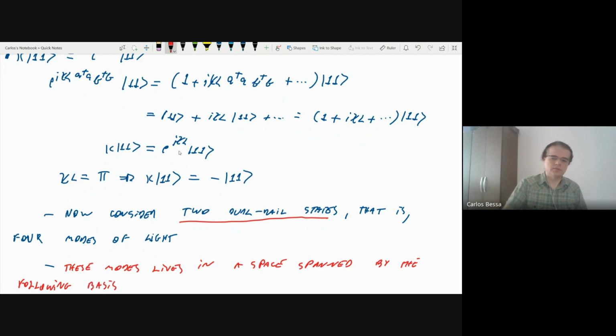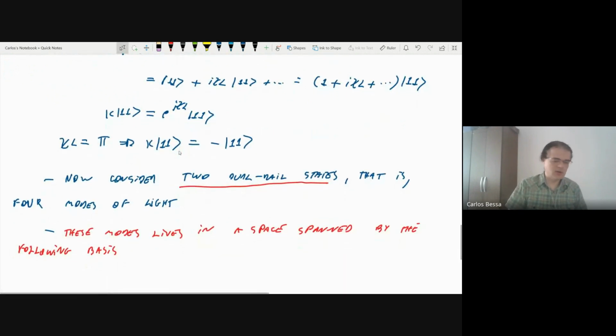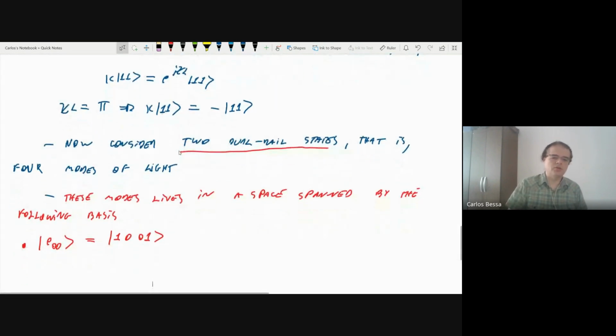It just defines new bases. These bases are here called E00, which is equivalent to 1, 0, 0, 1. And I will explain what he means by this. But just write here the basis.